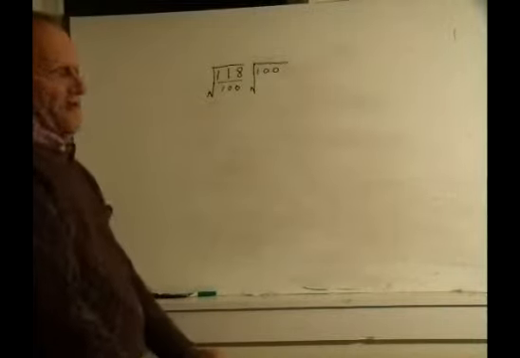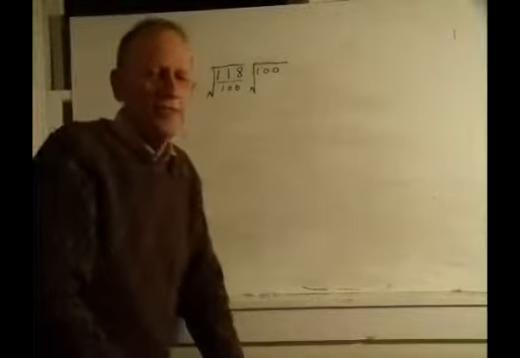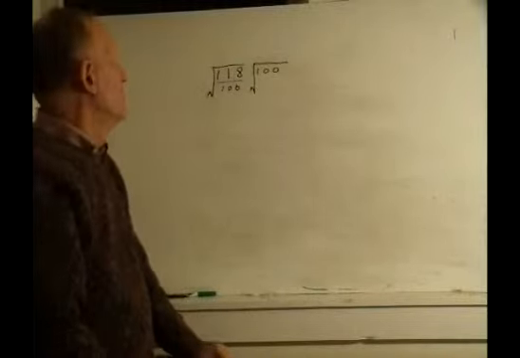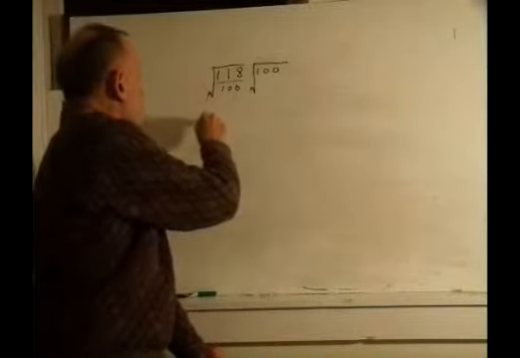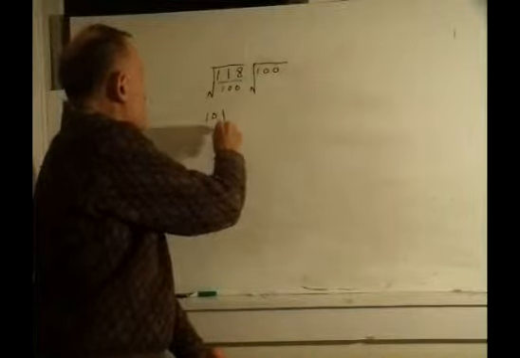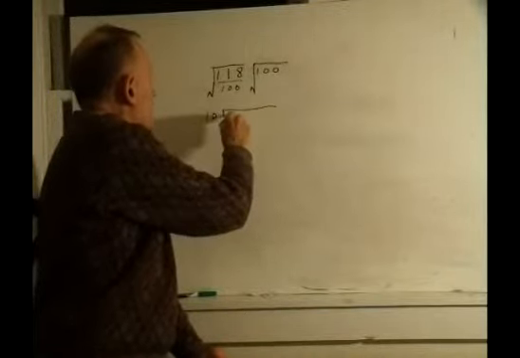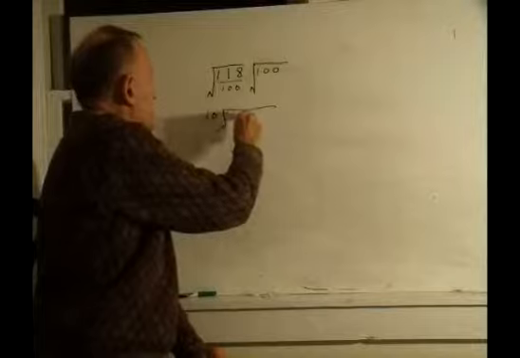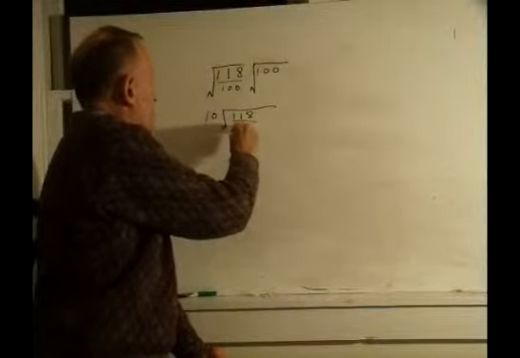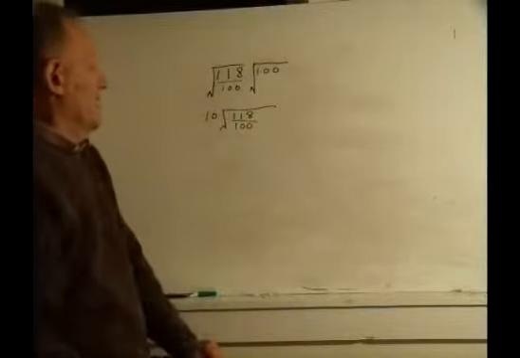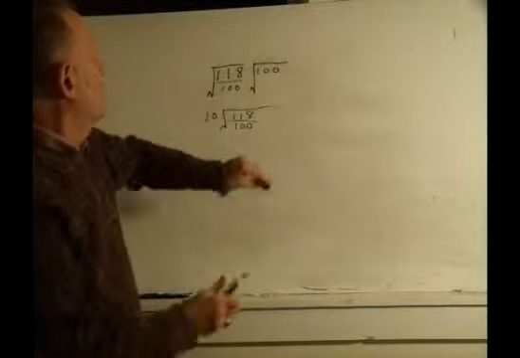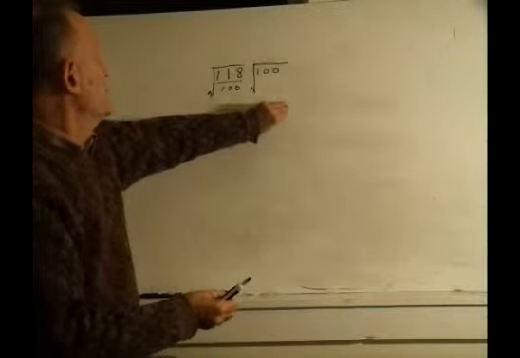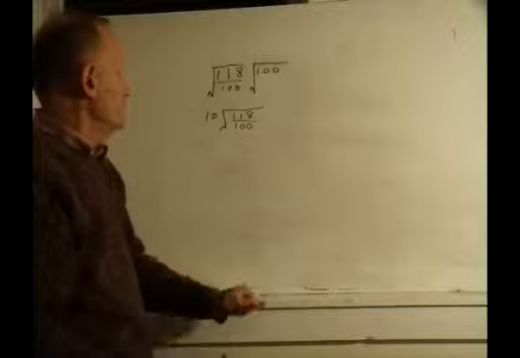What is the square root of 100? I think we already decided that it was 10. So I'm going to rewrite this expression as 10 times the square root of 118 over 100. Well, what about that? Ain't that great? I have changed the expression here.